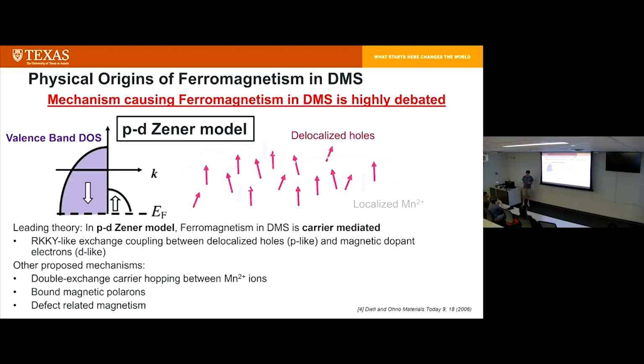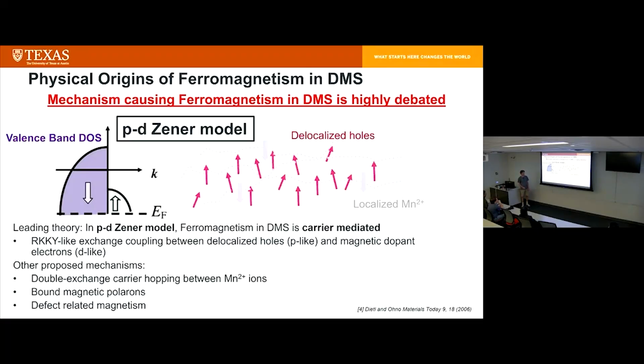And so really trying to understand why these materials are ferromagnetic is actually very difficult. And I've kind of highlighted here that the mechanism is still something that's under debate. I would consider it something of an open question. However, the leading theory that I've picked out here is the p-d Zener model.